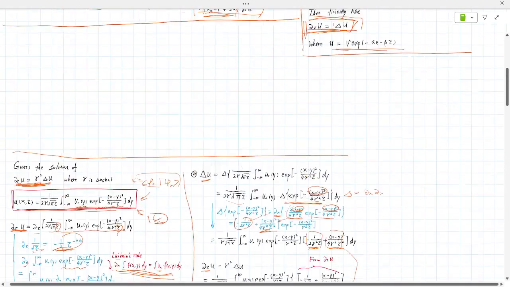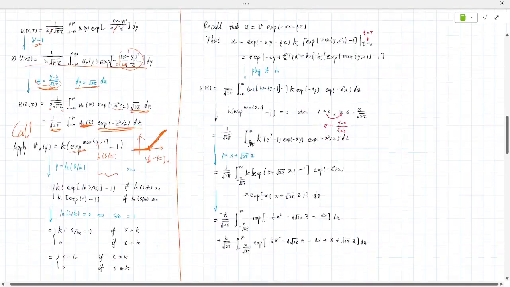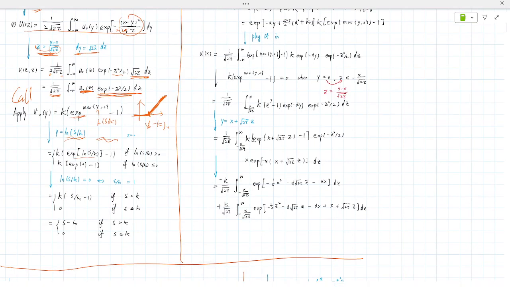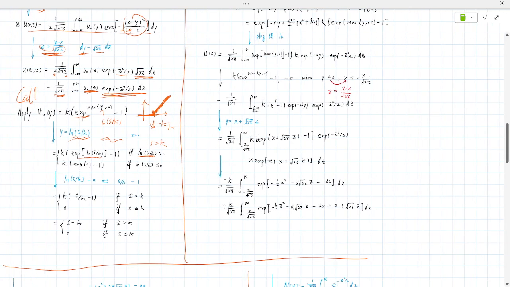So recall y equals s over k. We'll put it here for the case ln(s/k) greater than 0, which is s greater than k. This is a little bit backward, isn't it? I'm sorry about that. And exponential 0 equals 0 because of the maximum.